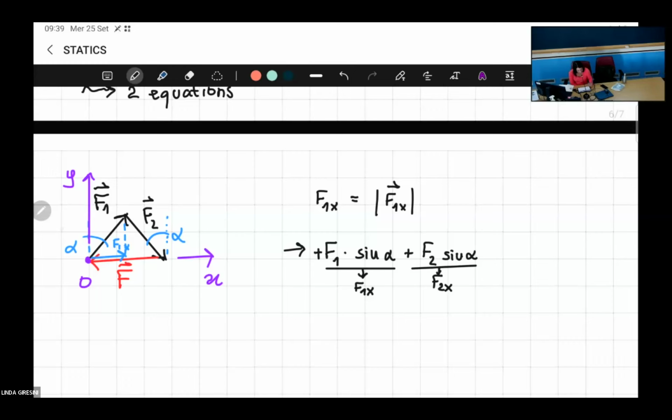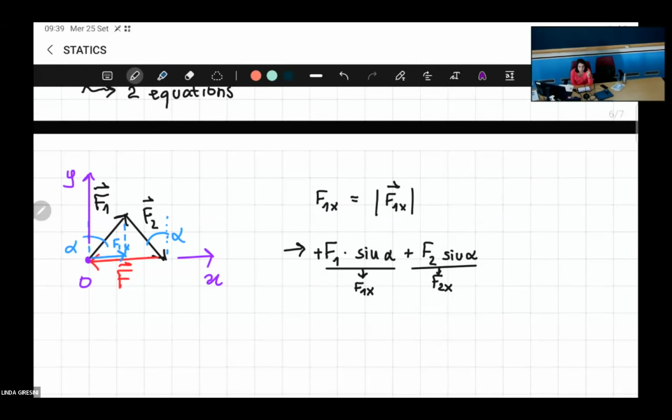In the force polygon, because it is closed, we know that this system is in equilibrium. So what other force do we have in the horizontal direction? Minus F, exactly.